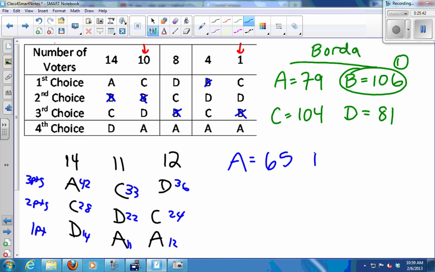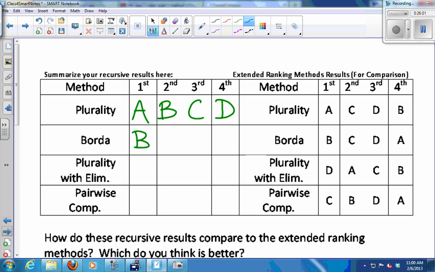A is 65, C 85, D 72. So C wins. C is the winner of the losers. The first loser comes in second place, C with 85 points. So we put C in second.